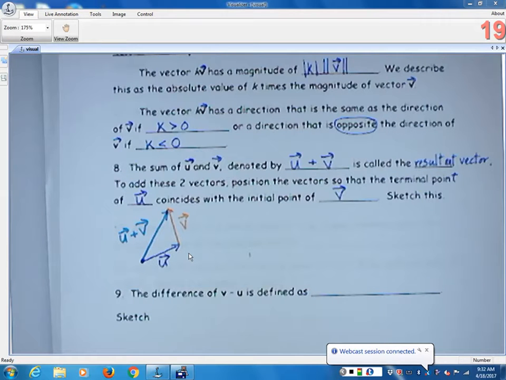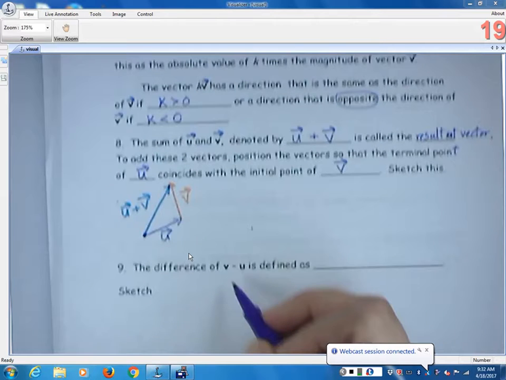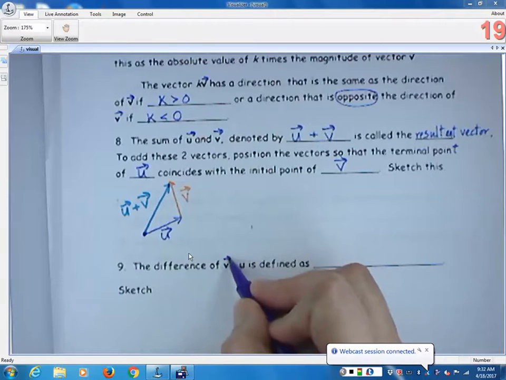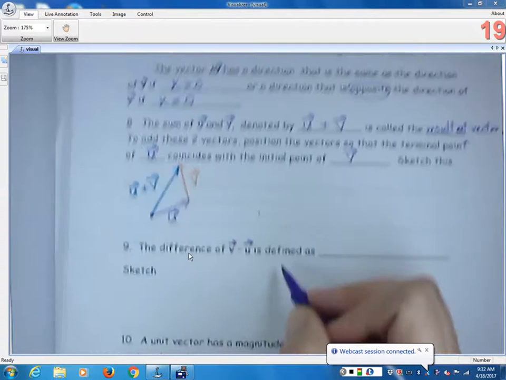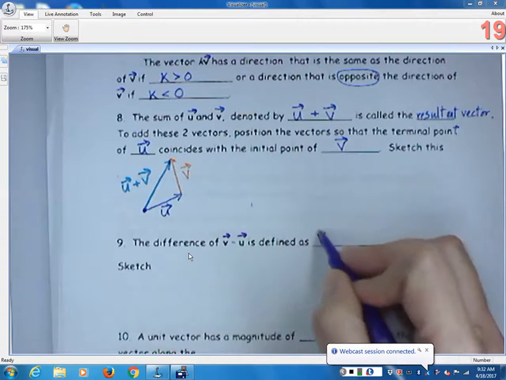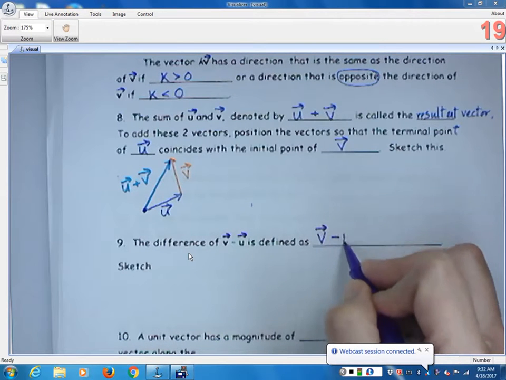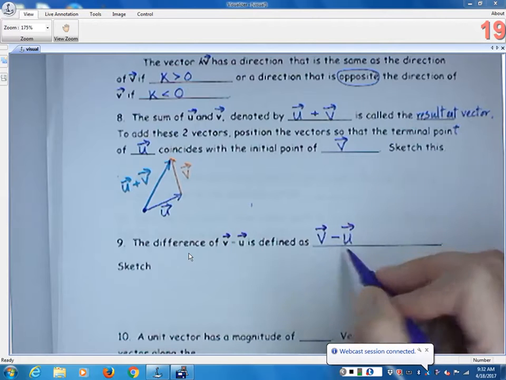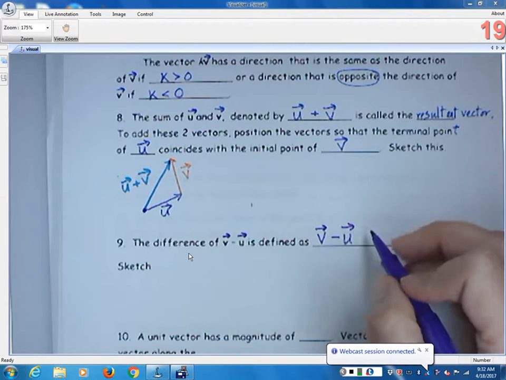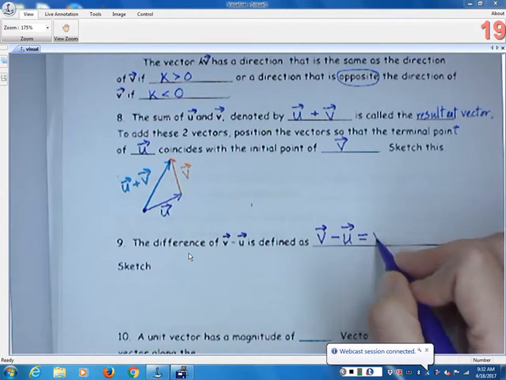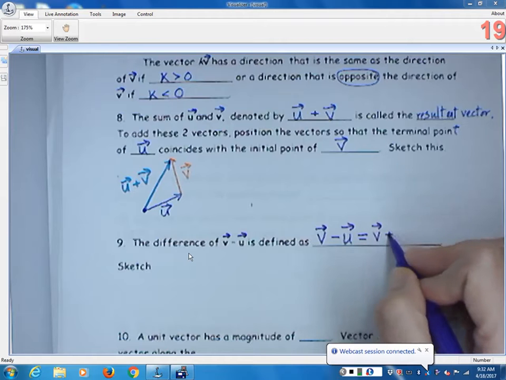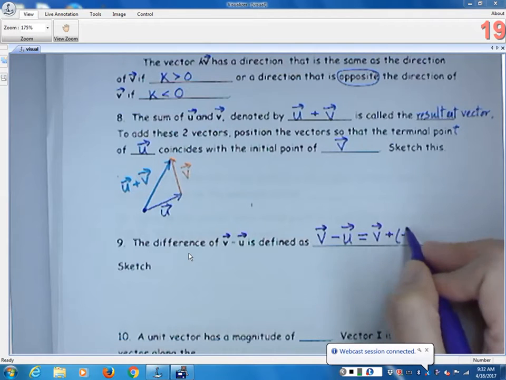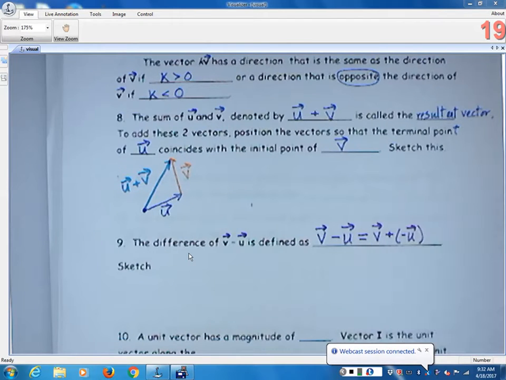And we'll do a difference. The difference, vector v minus vector u, is defined as v minus u. You can rewrite that as adding the opposite of vector u. It's v plus the opposite of vector u.